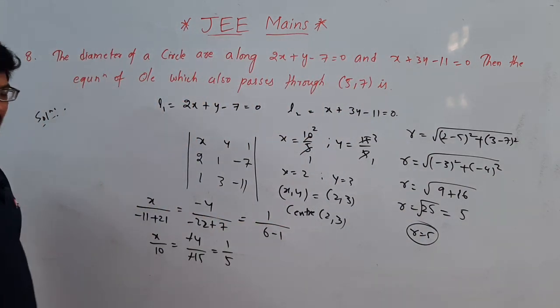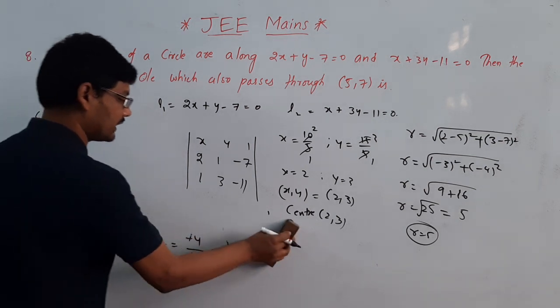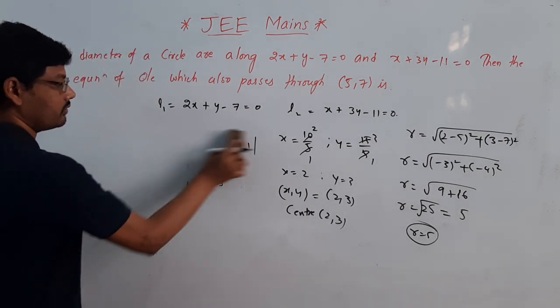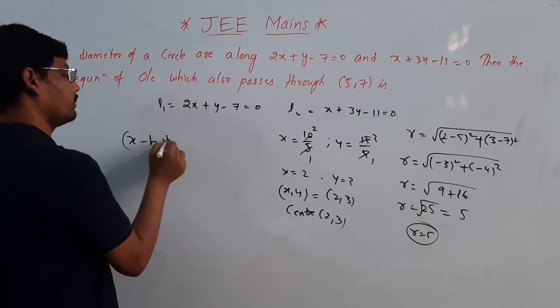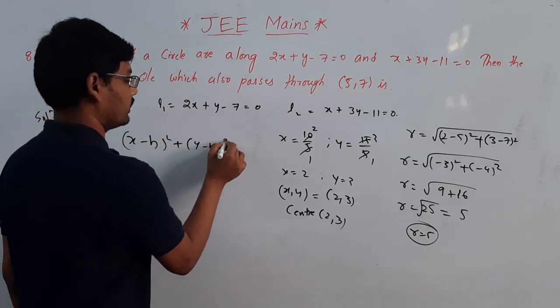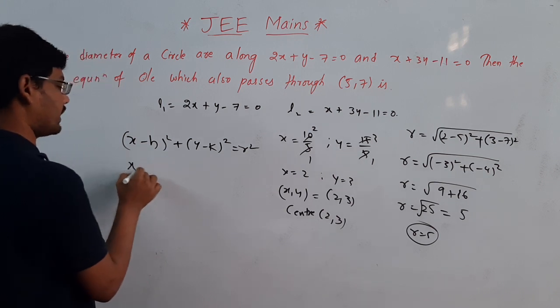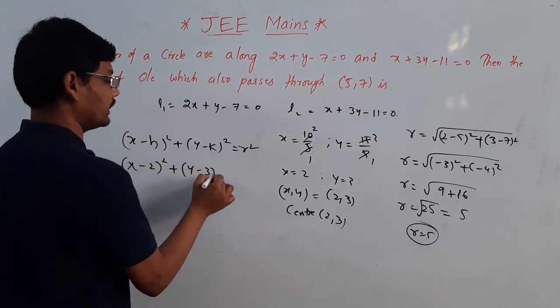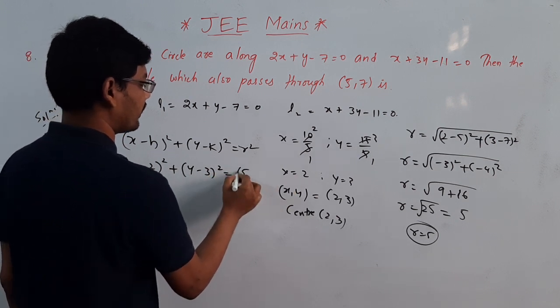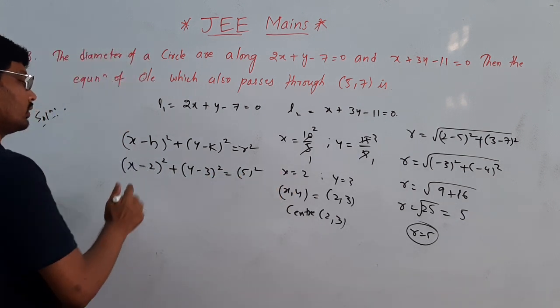The equation of the circle is (x − h)² + (y − k)² = r². So (x − 2)² + (y − 3)² = 5².